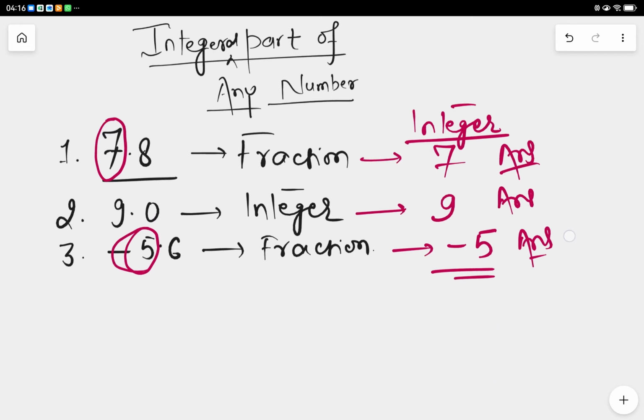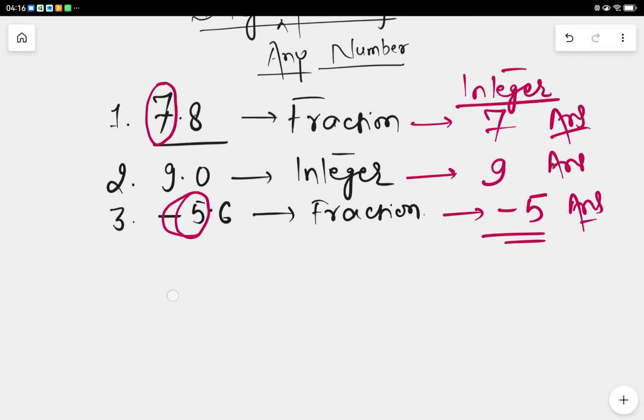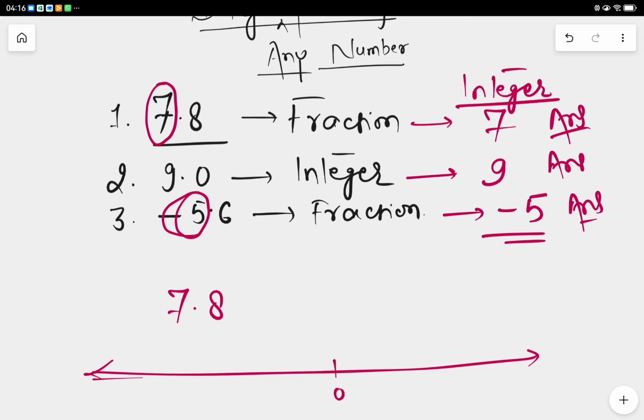Now we'll be talking about this in detail. What does 7.8 mean? Again, you'll have to map this number on the number line. If you remember how we do it, we map 7 and we map 8. This number will be somewhere here, which is 7.8.